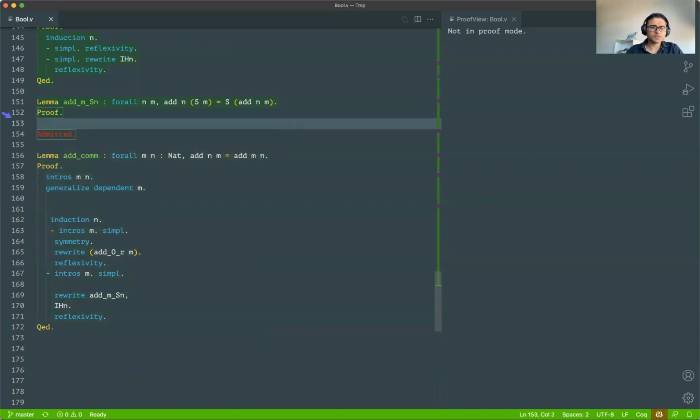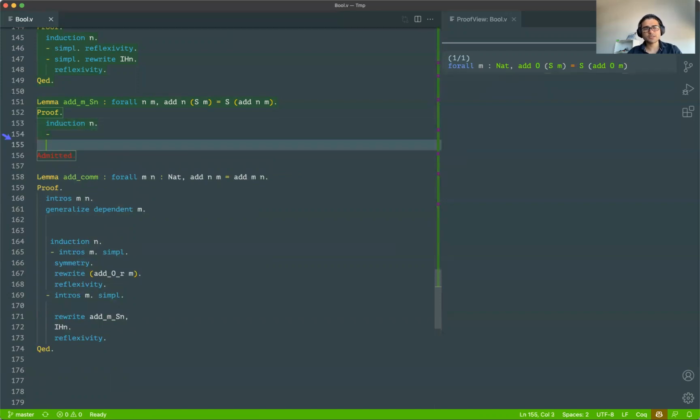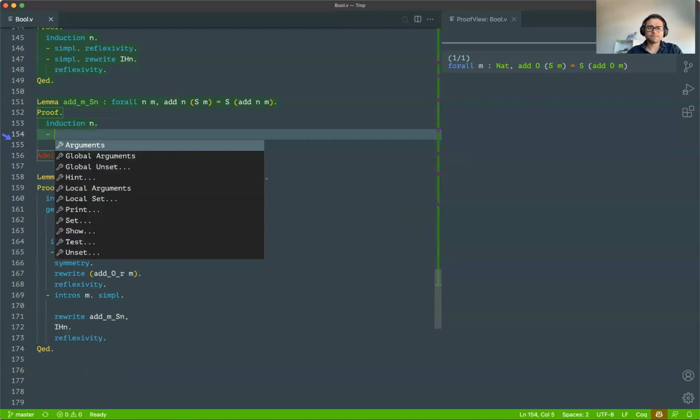So let me prove this thing. I'm going to now just do induction on N. I'm not going to assume M. You know why? Because I want to keep my induction hypothesis as general as possible. Okay.